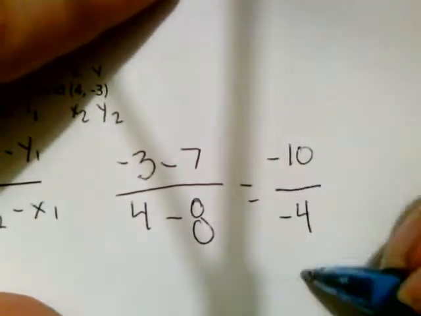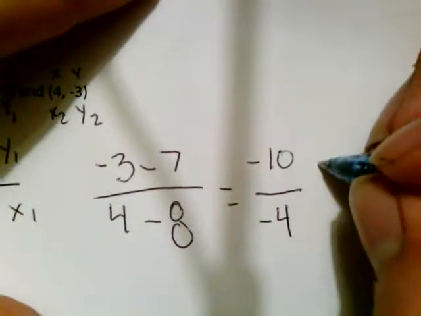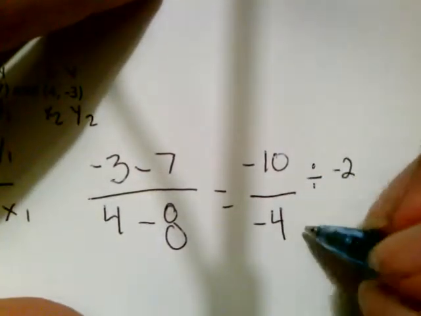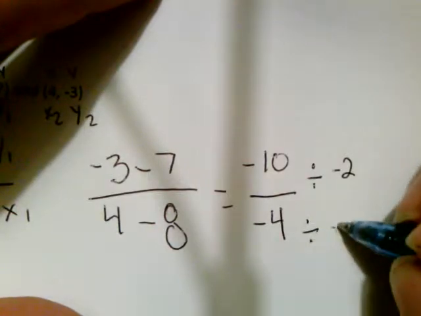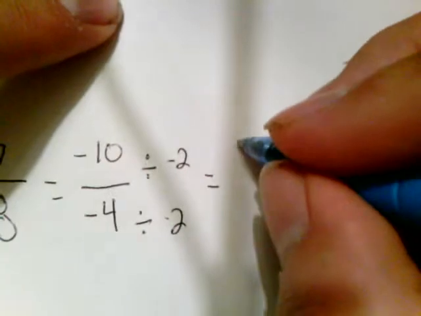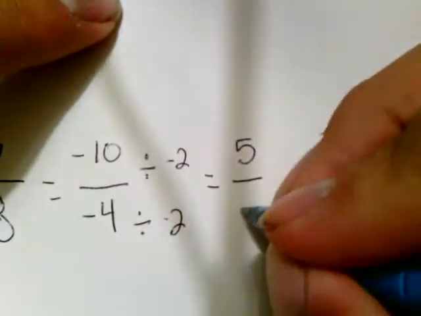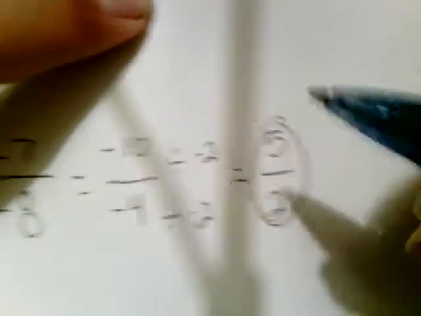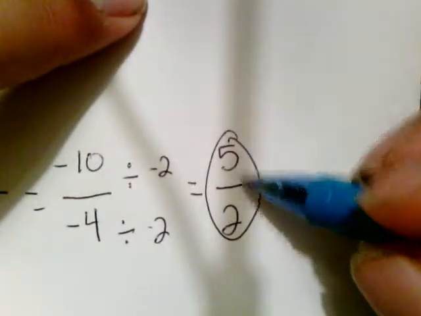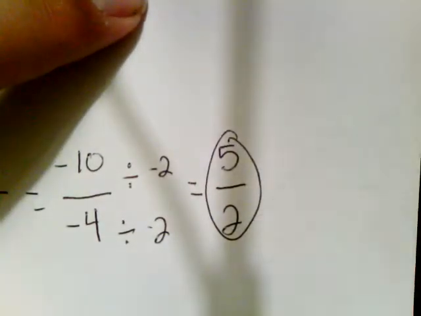Both of these can be reduced by negative 2, and we end up getting 5 over 2. So, our rate of change is 5 over 2. That means we'd go up 5 over 2 to get from one point to another.